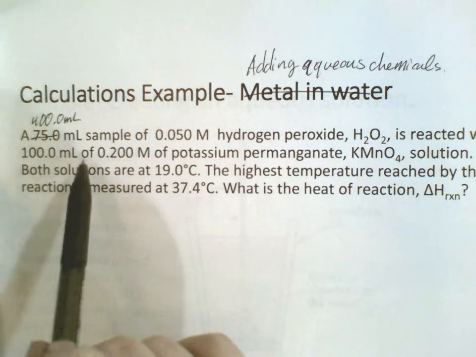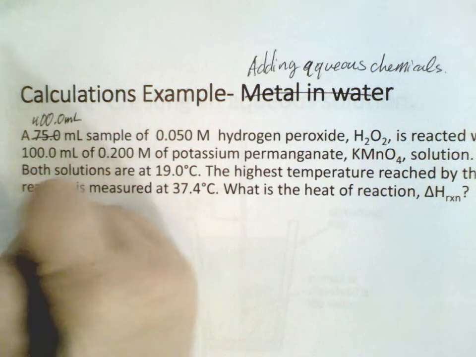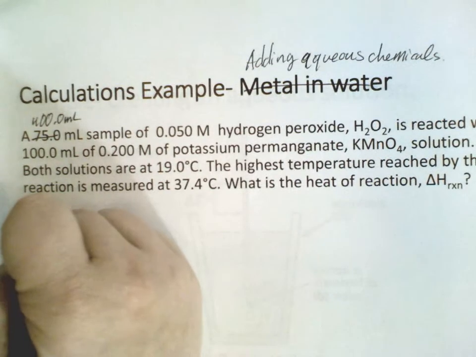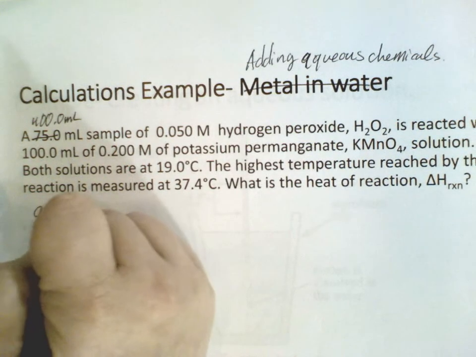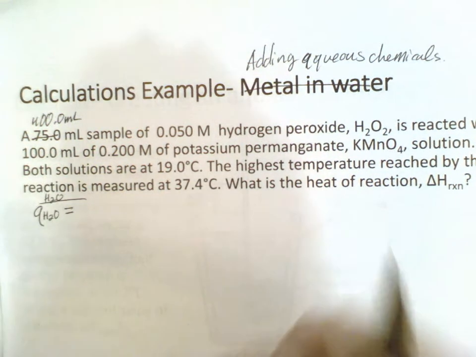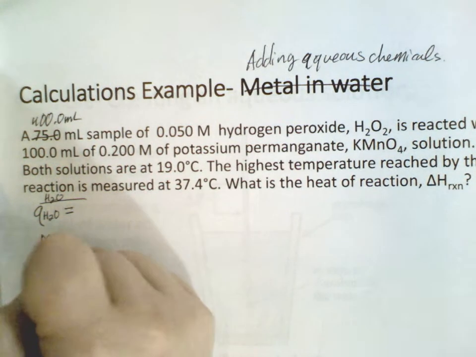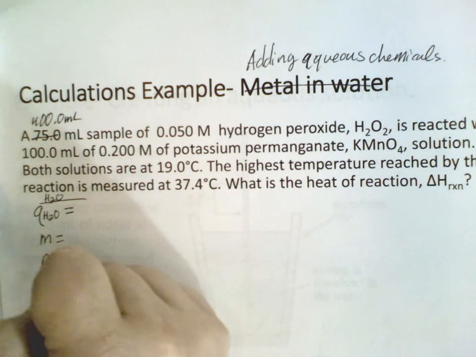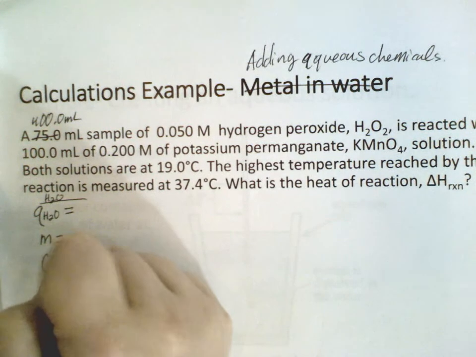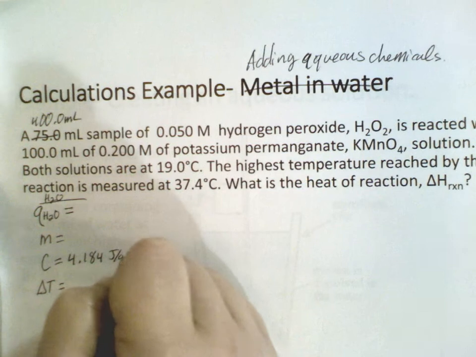So we're going to set up our data kind of like we did in the first one. So let's start with all of our information about our water. So we'll start with Q of water. It's all going to be like our list of water. Our mass, our specific heat, and our change in temperature. So again, our specific heat, always the same, 4.184 joules per gram degree Celsius.